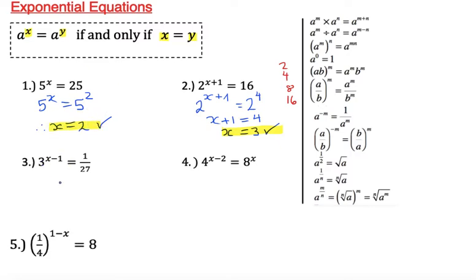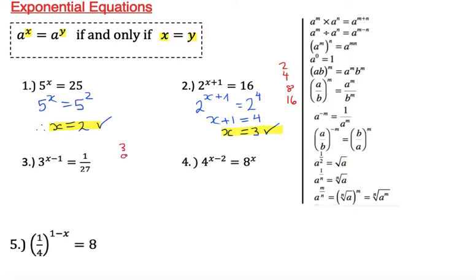Okay, so just decide on what your common base is there. And here you can see, okay, 3 is here. Can I do this? Can I express this as a 3? Yes, I can. Remember the negative rule, right? So 3, 9, 27, that will work.